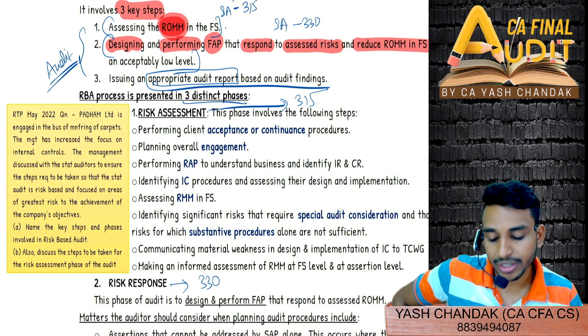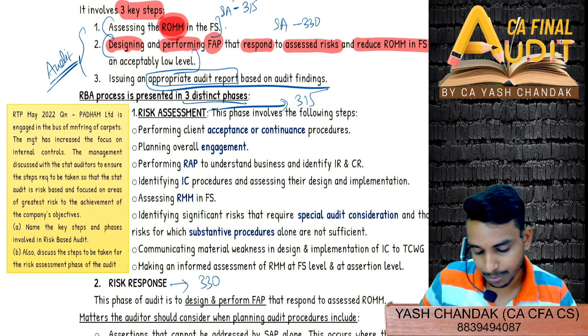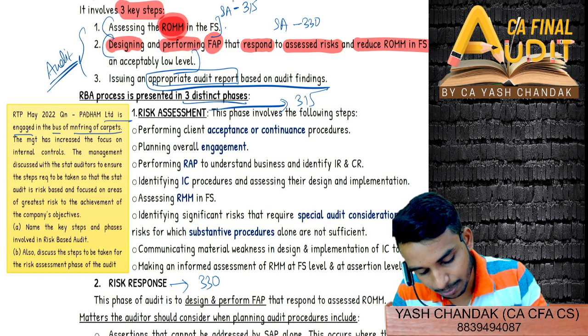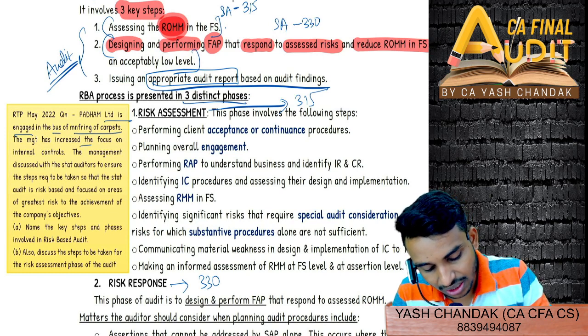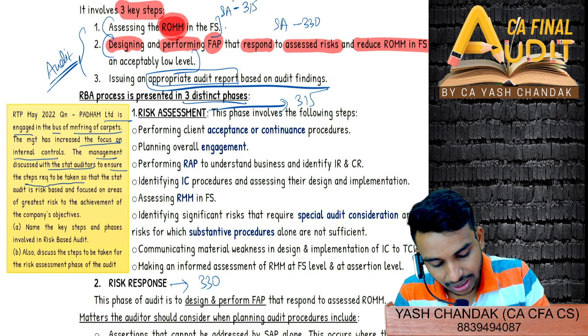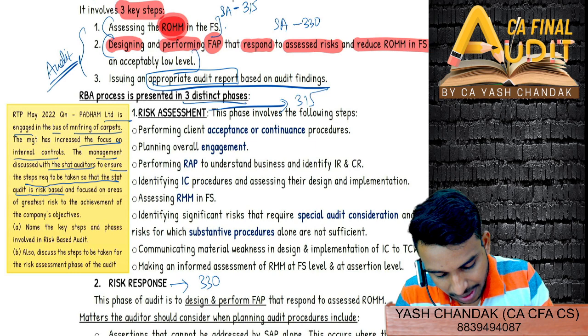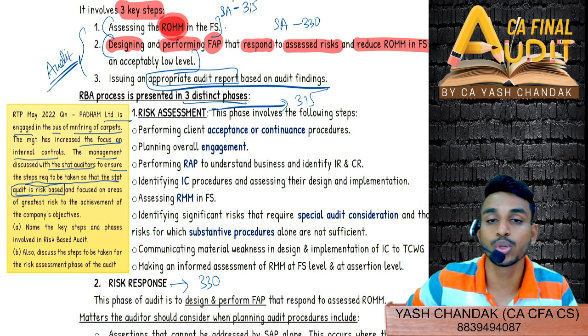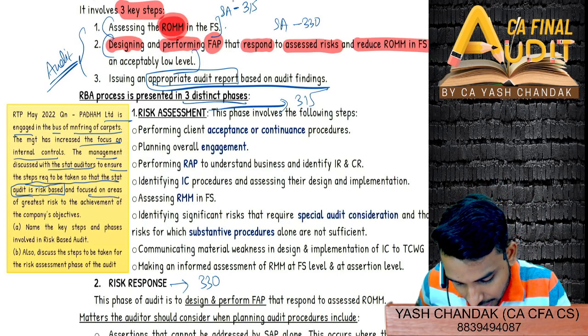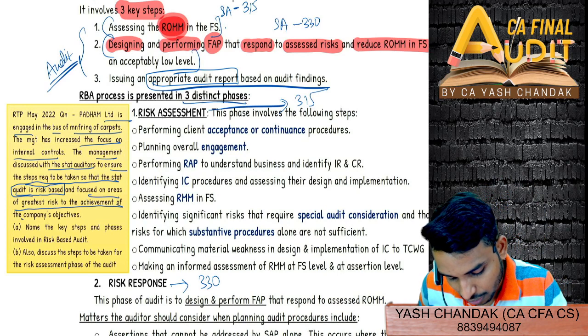So see, RTP May 22 question. Padam Limited is engaged in the business of manufacturing of carpets. The management has increased the focus on internal controls. Management discussed with the statutory auditor to ensure the steps required to be taken so that the statutory audit is risk based. That means he wants your statutory audit to be a risk-based audit focused on areas of greatest risk to the achievement of the company's objective.